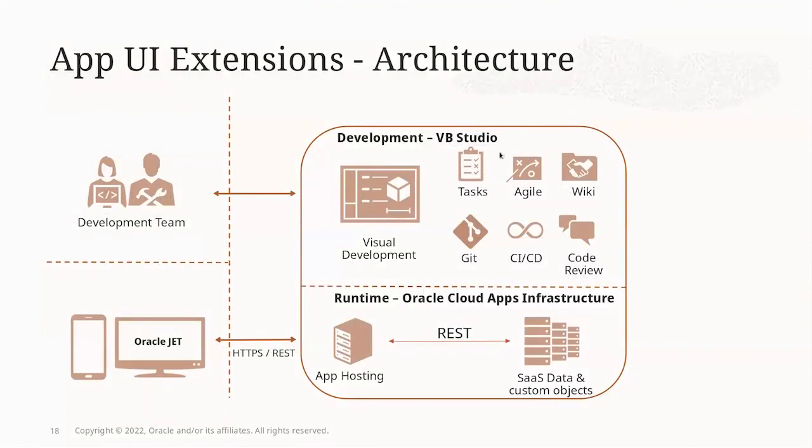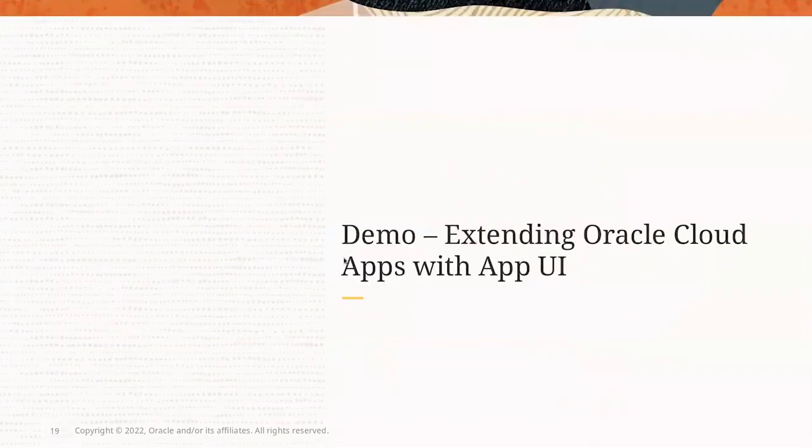The development studio, the VB Studio part, is exactly the same, and it's the same instance. So I can use the same Visual Builder Studio that's included in Oracle SaaS to run multiple projects of multiple different project types. The difference here is it's going to deploy to Oracle SaaS rather than an external Visual Builder instance.